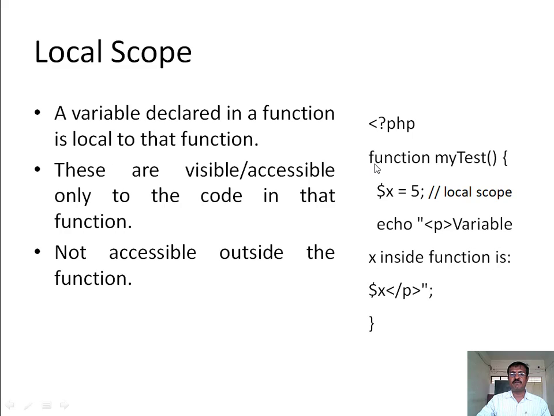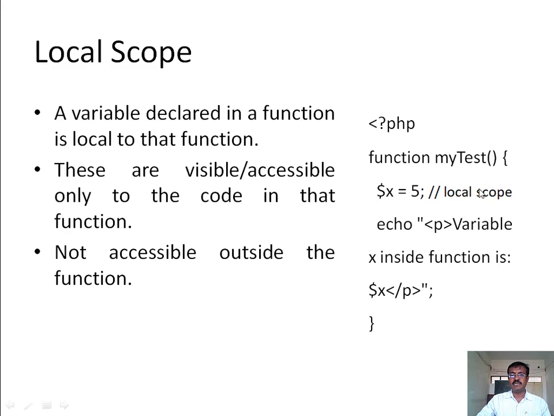In this PHP code, we have a function called myTest. Within this myTest function, I have declared a variable called x and assigned it the value 5. Now this variable x is of local scope.